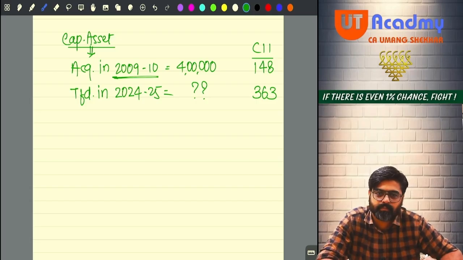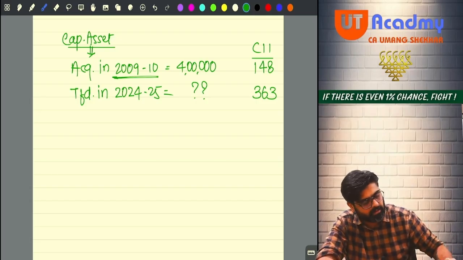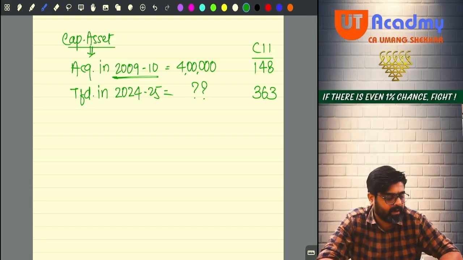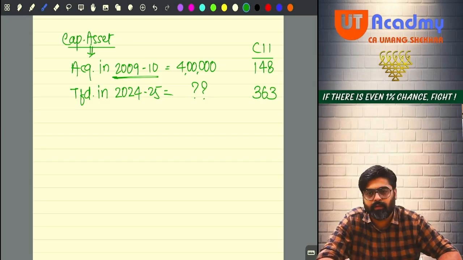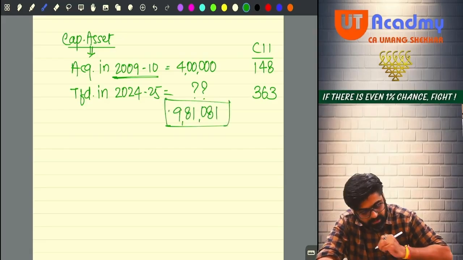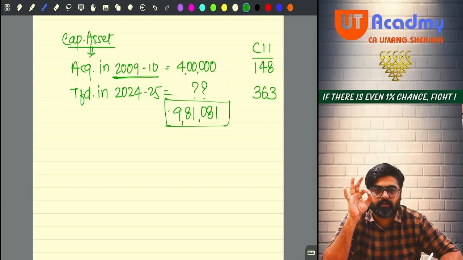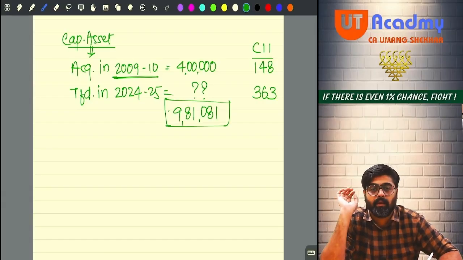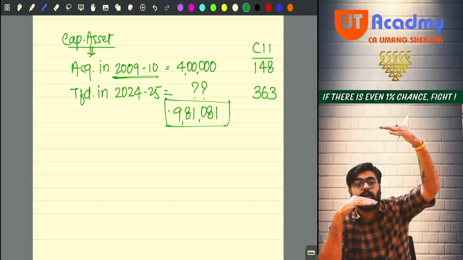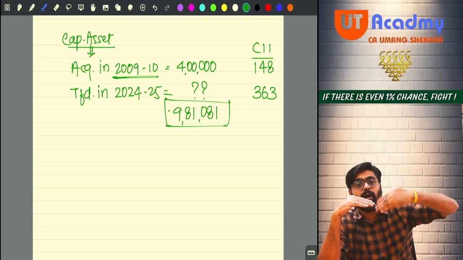I will do 4 lakh into 363 divided by 148. I will get 9,81,081. That will be my cost. Meaning that if I go and buy this same asset today, I will get it for a cost of rupees 9,81,081. The asset which was costing 4 lakhs in 2009-10, its cost has increased.